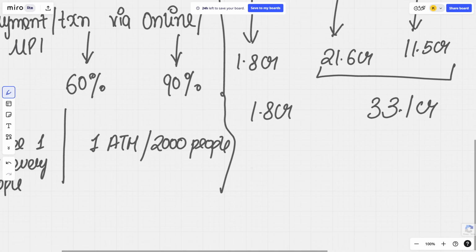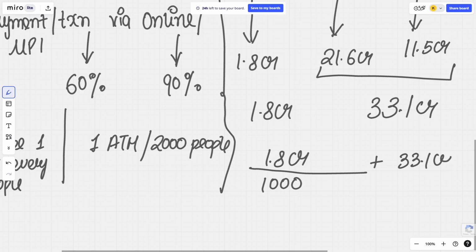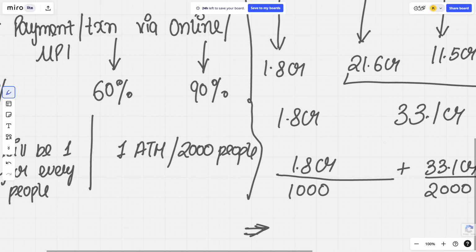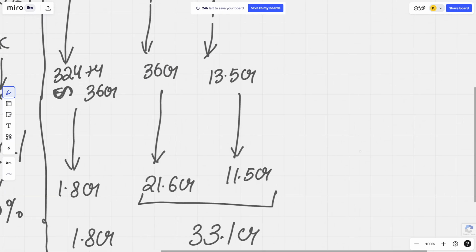After doing some calculation, 1.8 CR divided by 1,000 plus 33.1 CR divided by 2,000. So we will be getting some number, and you can give the number to the interviewer as well. I hope you can solve this one.